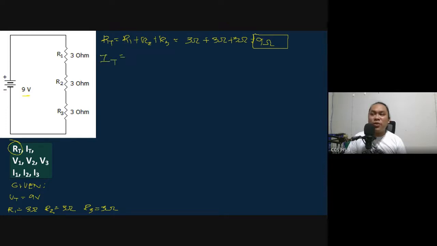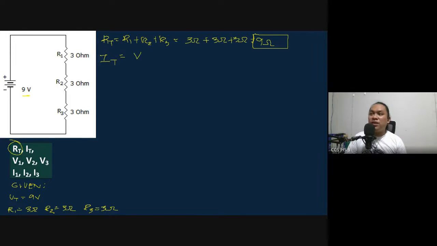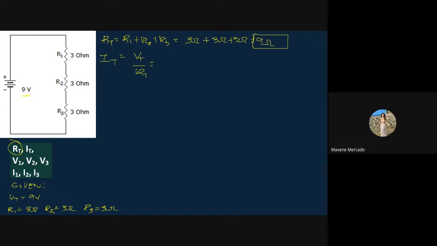What's the formula that we're going to use to solve for total current? V over R. So total voltage over total resistance. Do we have the value for our total voltage? Yes.